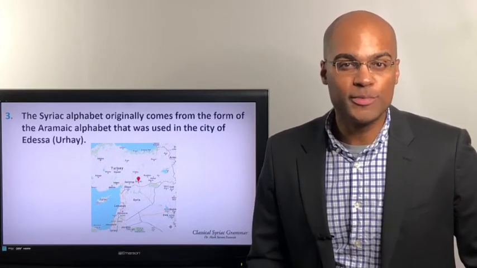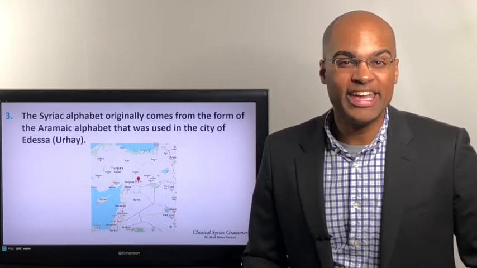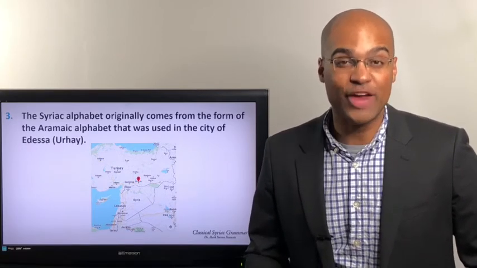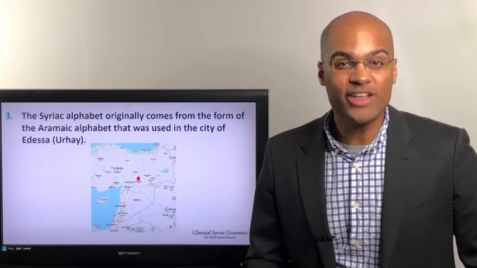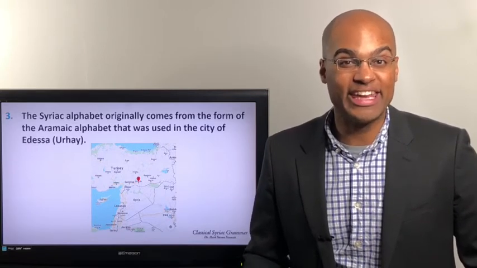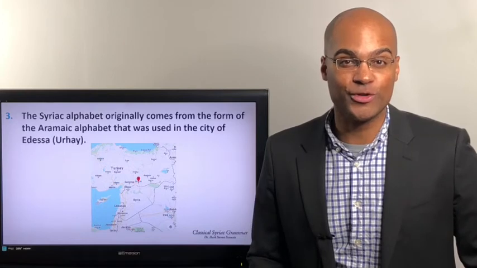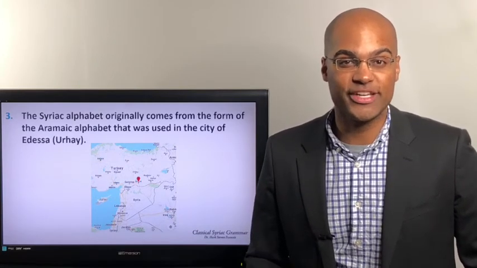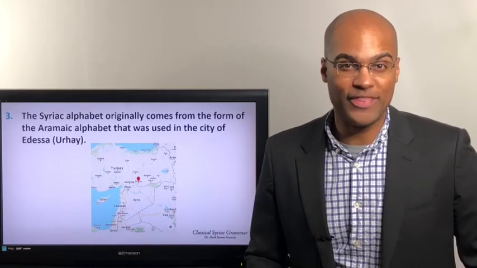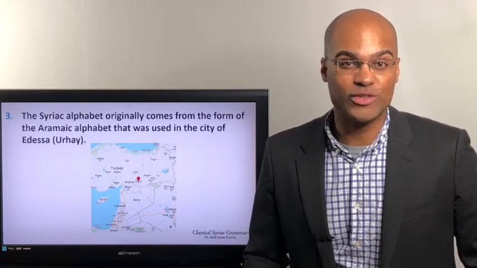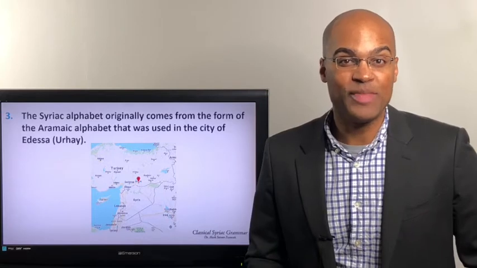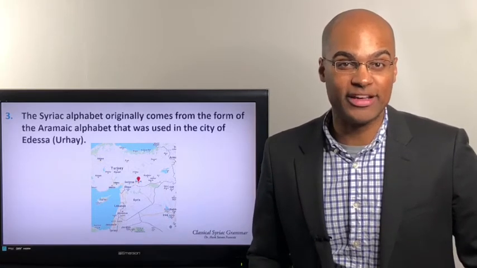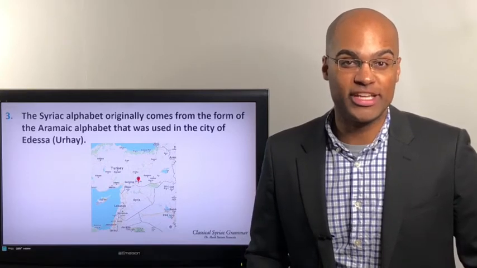But before it was absorbed into the Roman Empire, it had adopted Christianity as its official religion at a very early date. And because of the influence that Edessa had in Aramaic-speaking Christian circles, the dialect of Aramaic that was used in Edessa, which was Classical Syriac, and the alphabet that was used for it, ended up spreading far and wide in Aramaic-speaking areas that had been influenced by Christianity.